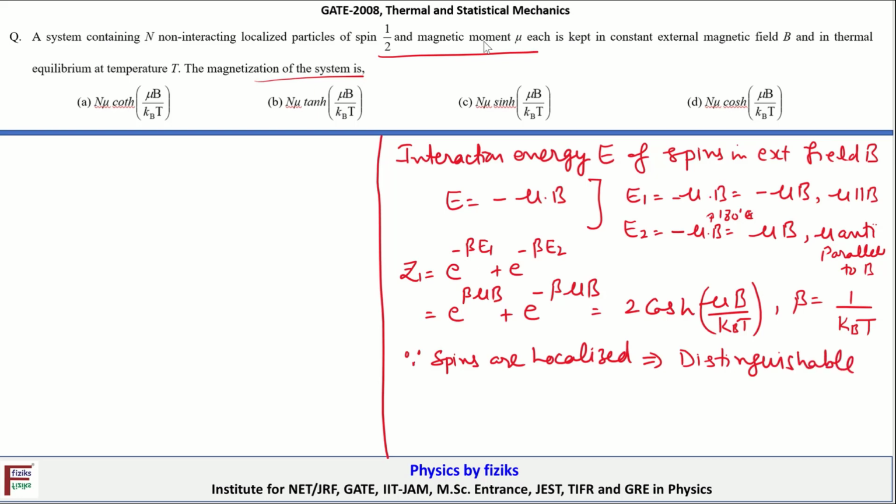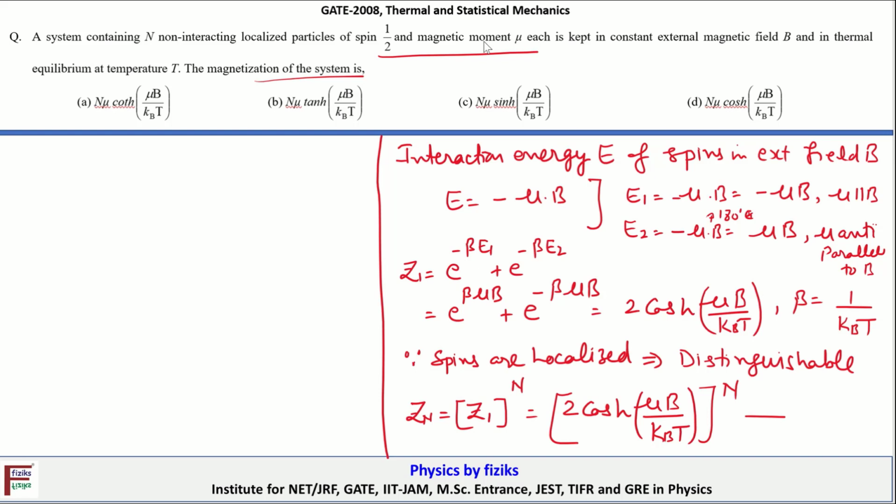So when we can treat them as distinguishable, the partition function for n spins will be simply Zn, that is equal to Z1 to the power n, and that is equal to 2 cosh of mu B upon kT, to the power n. Let me call this equation 1.